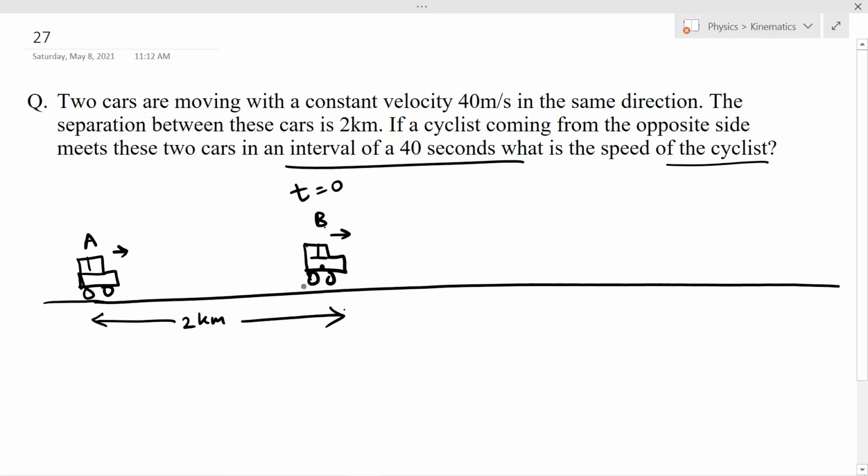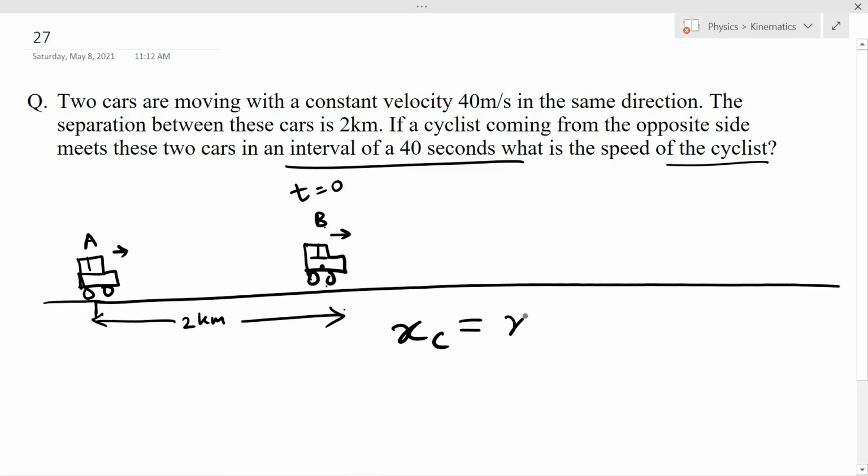And the car A will be 2 km behind this car B. So let's say XC is the cyclist position and at time t equal to 0 he was here.